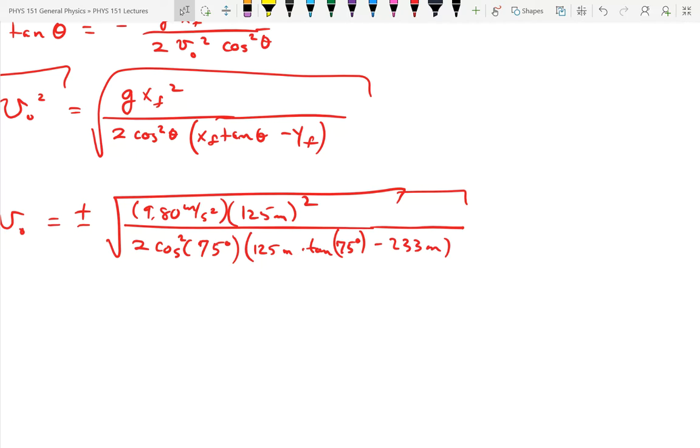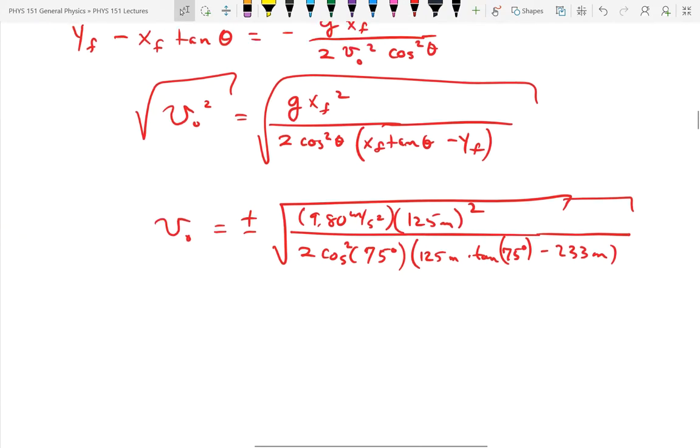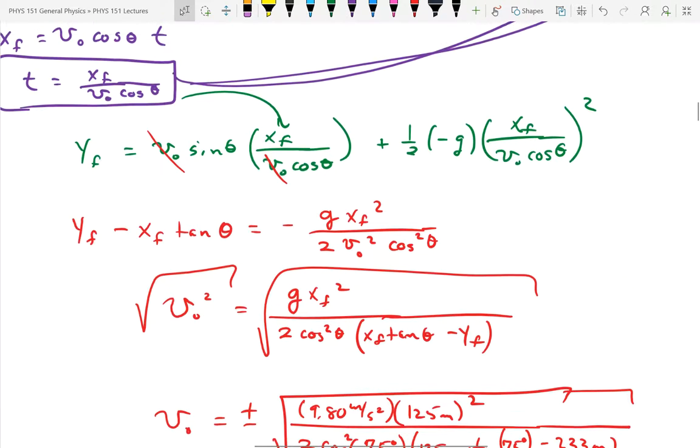So you have to put that in the old calculator. And I really do worry I made a mistake. Why? 125 times tangent of 75 degrees. What happened to the t squared on the x?